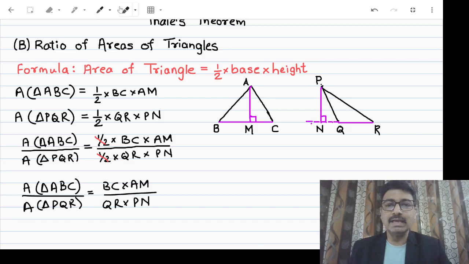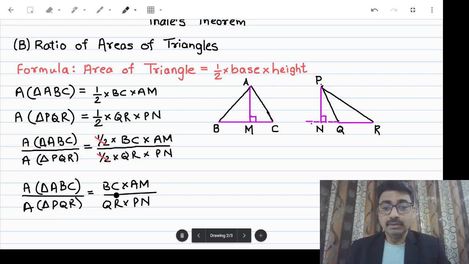What do we realize from this? We realize that for any two random triangles ABC and PQR, the ratio of their areas is equal to the ratio of products. We have a product in numerator, product in denominator.